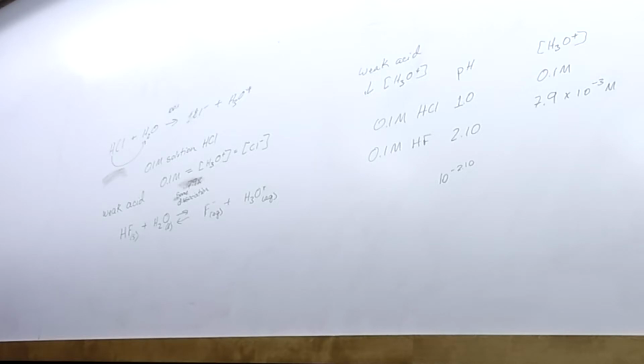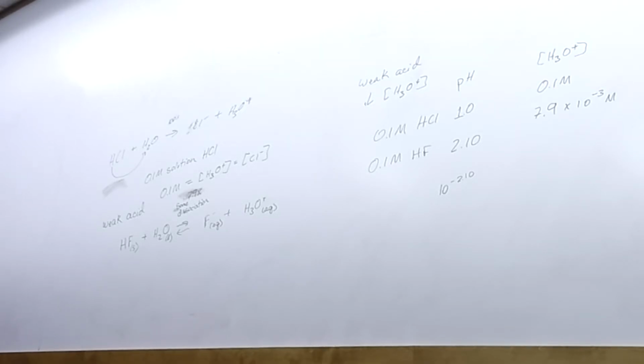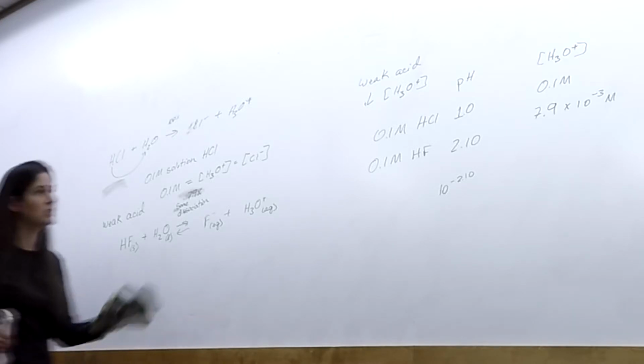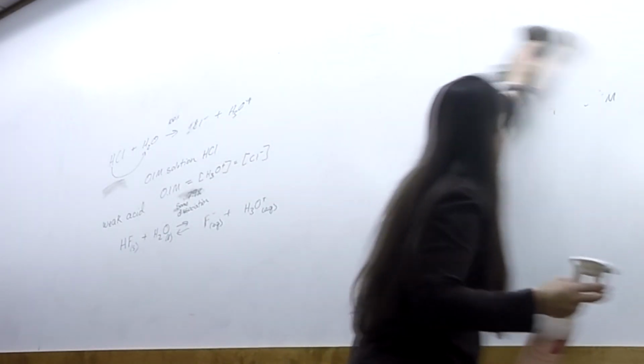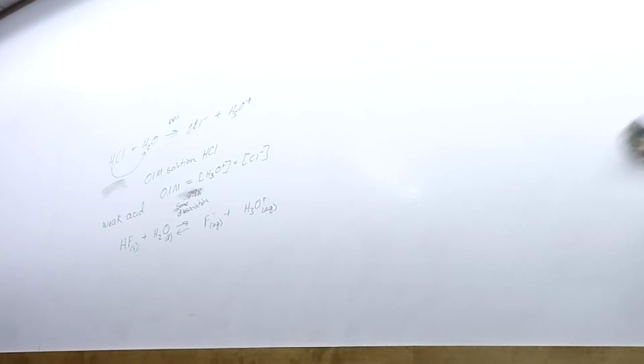Okay. All right, so we're going to view these a little differently if they are a weak acid or if they are a strong acid. We're going to have an equilibrium constant that will also describe the dissociation of these reactions, in the same way that we described the equilibrium constant.